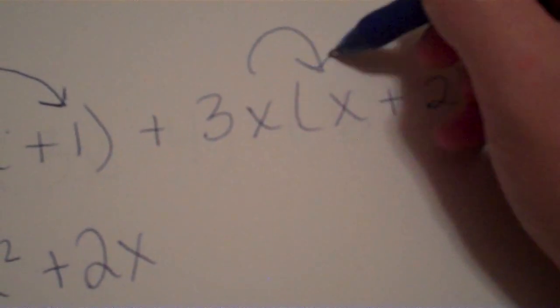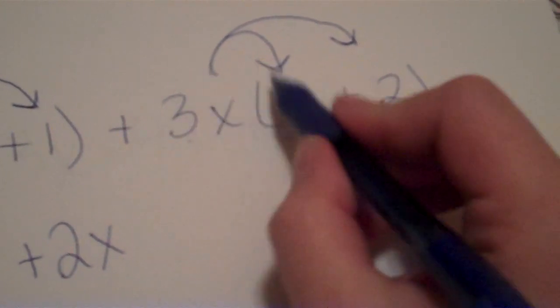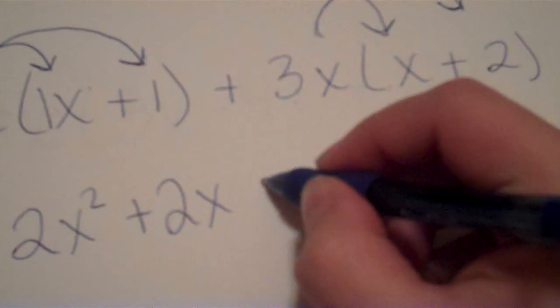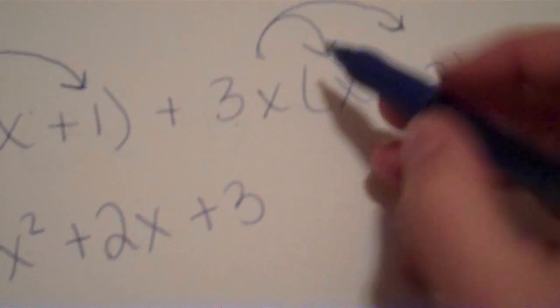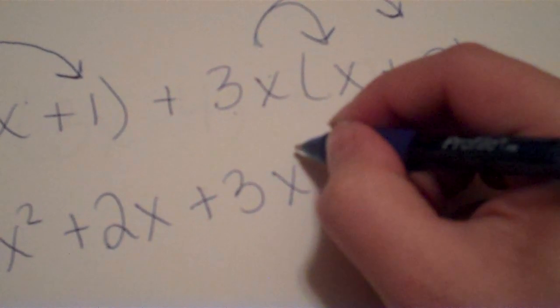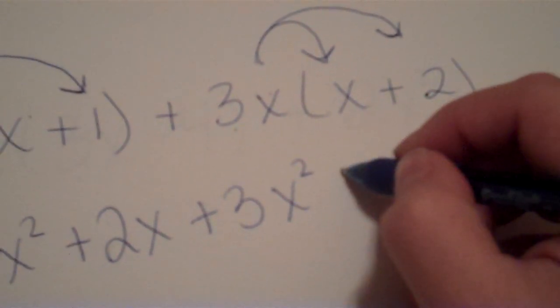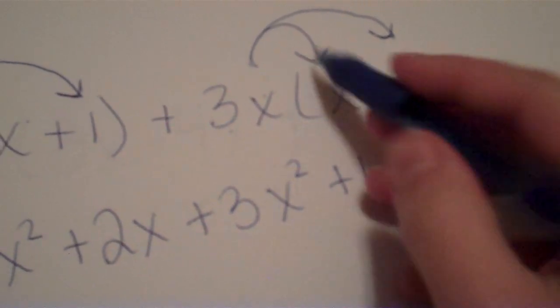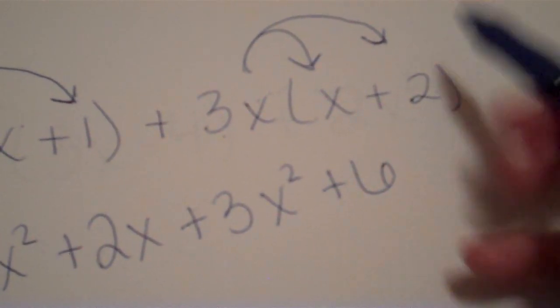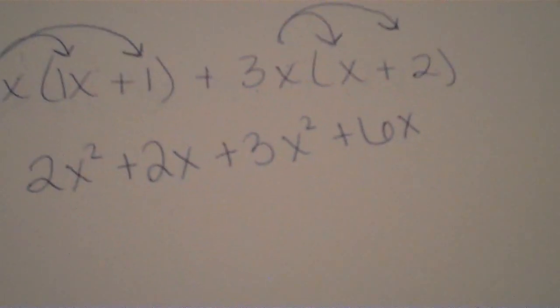Make sure we draw distribution lines. 3 times 1 is a positive 3, so make sure you put a plus 3 here. 1 plus 1 is 2. And then 3 times 2 is a positive 6. 1 plus nothing is 1. Okay? So all I've done is distributed.